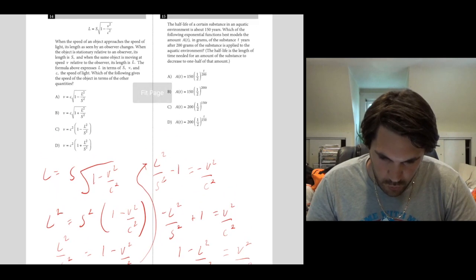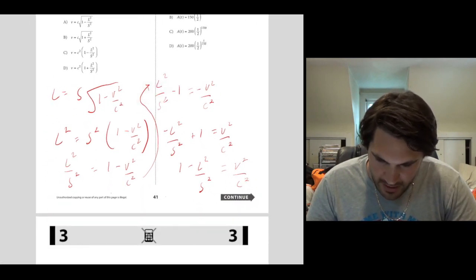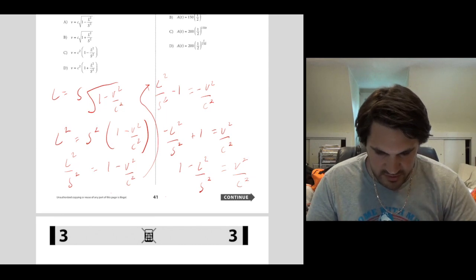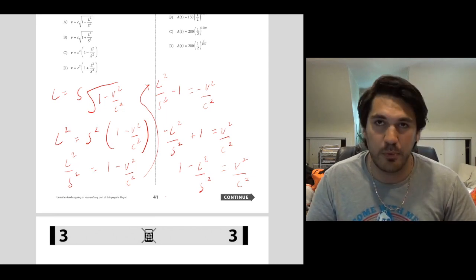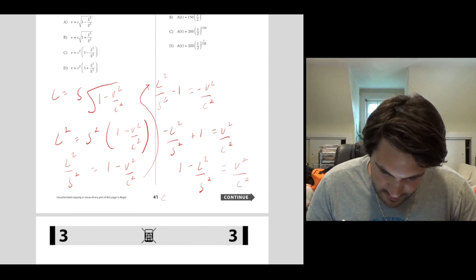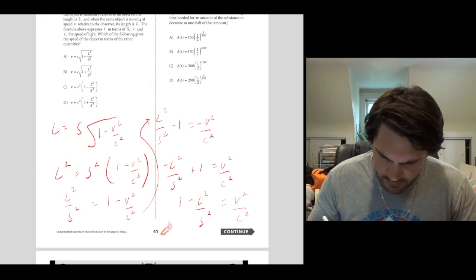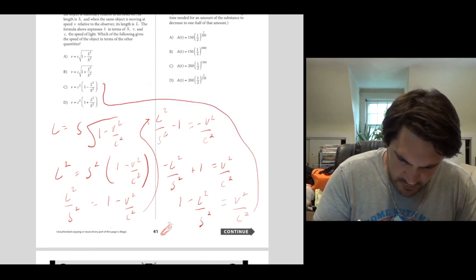Okay, cool. So basically now we need the c to be on the other side, essentially. So we're going to multiply both sides by c squared. Oh man, there really isn't enough room here. Let's keep writing this next to the actual question up here.